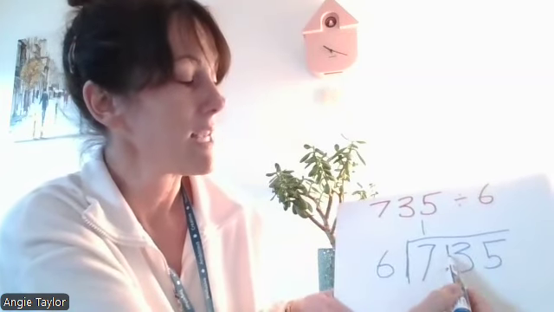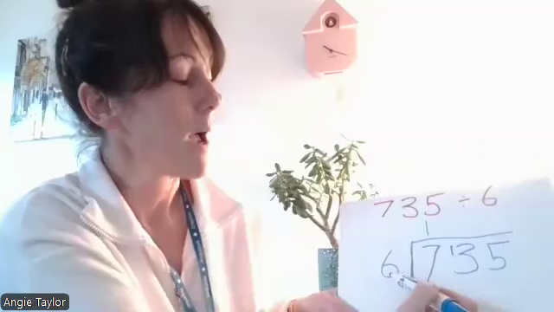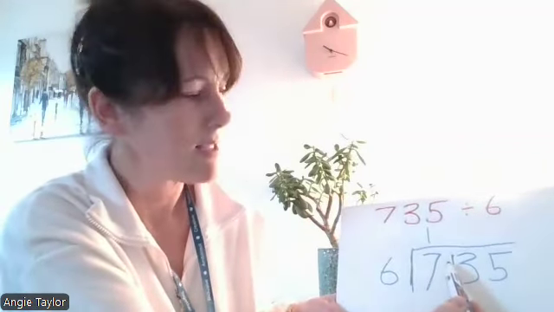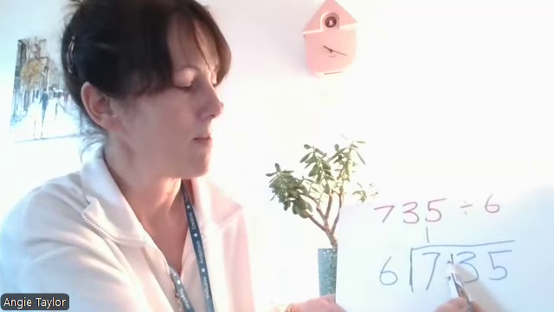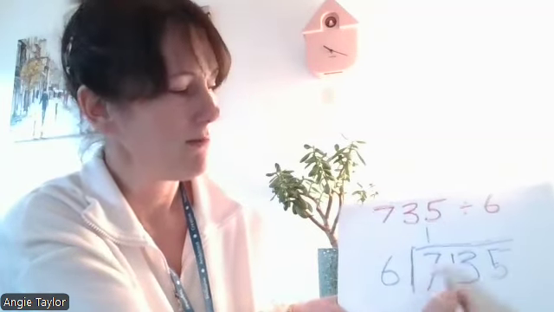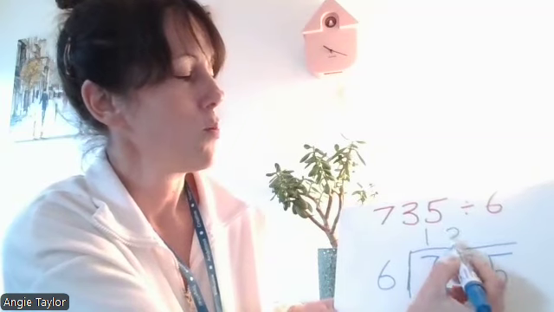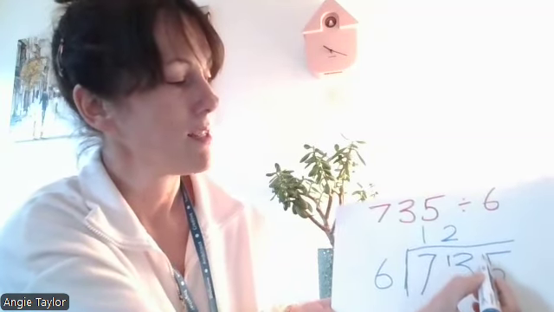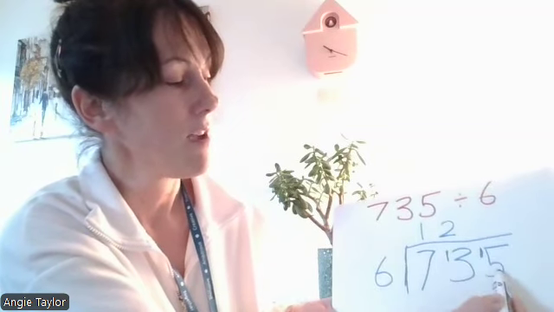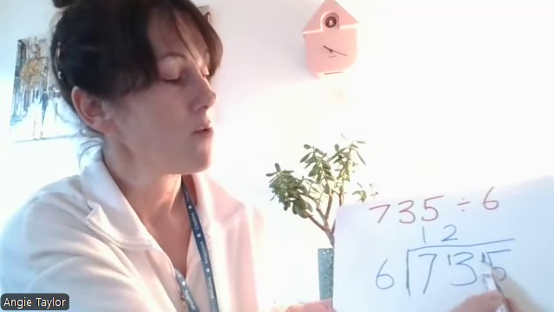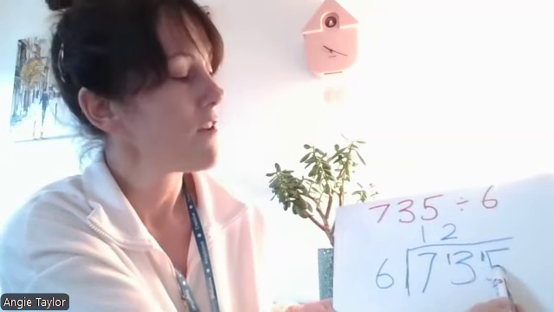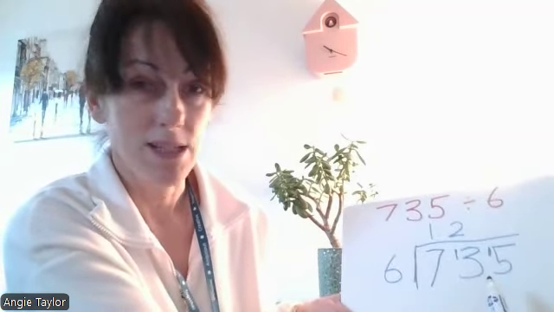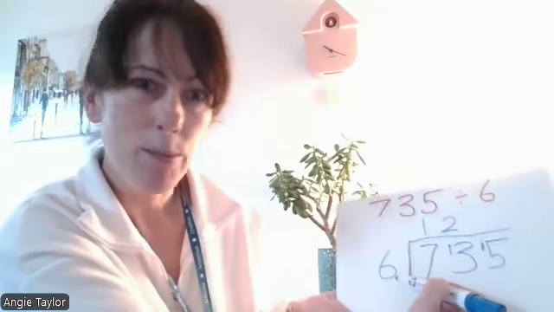How many times will 6 go into 13? If you had 13 sweets shared between 6 people, they would all get 2 each, and there would be 1 left to fight over. And that 1 is going over here, to the 5. So we've now got 15 instead of 5. 15 divided by 6, or again, 15 sweets shared around 6 people.